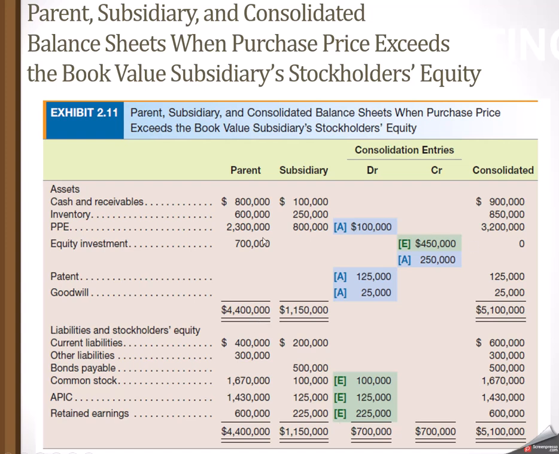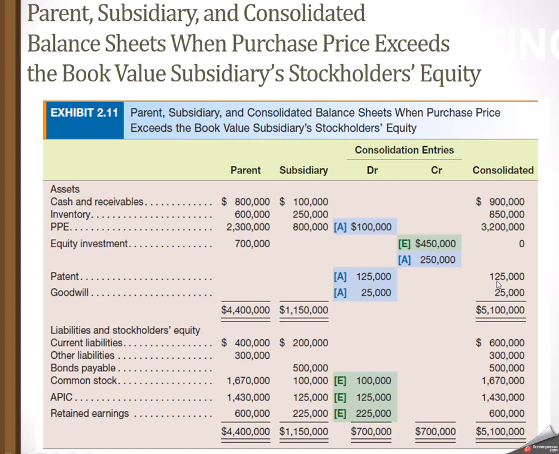So this is again a good form example of a consolidated balance sheet. So we've got our parent and our sub. We're increasing the value of the property, plant, and equipment. So then notice when you come over to the consolidated column, it's the parent plus the sub plus the A entry that gives us that. Both of these entries have worked together to zero out our equity investment. That's one of our prime goals.